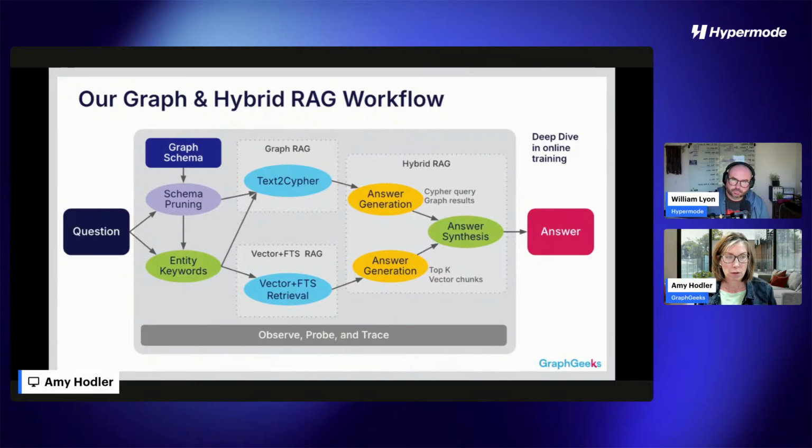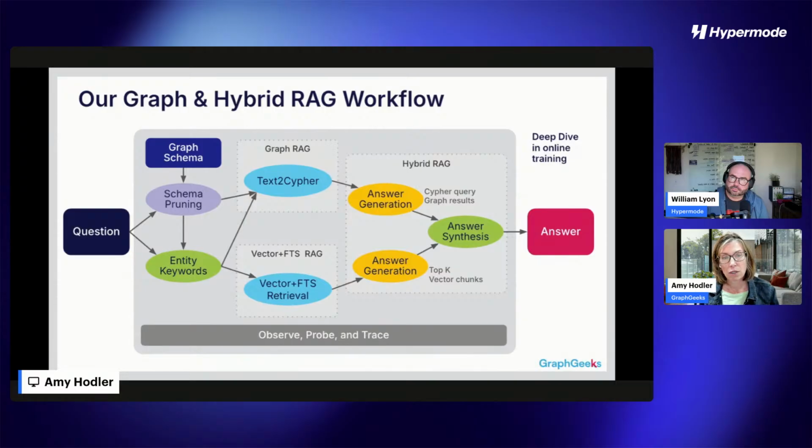For example, if you're asking questions about a penicillin allergy, you select the word penicillin as a keyword and use that as your vector search. You do that as your entity keywords. But then you also prune your schema to include the allergy, things like penicillin, and maybe you prune out the practitioner because we don't care about the doctor. We're just interested in the patient in this case.